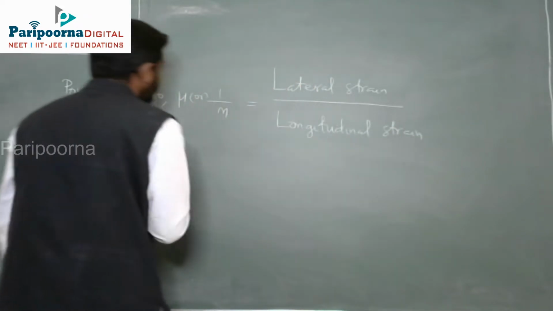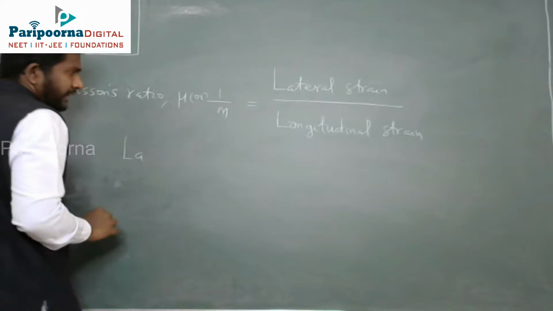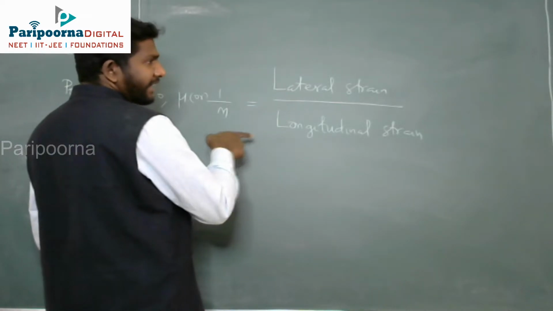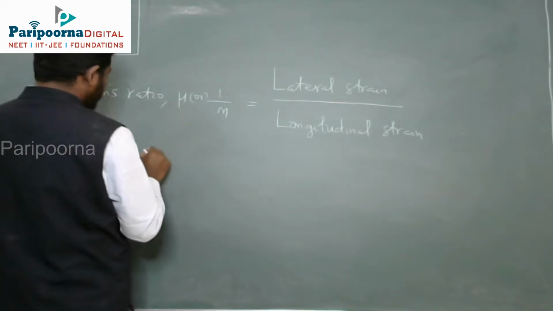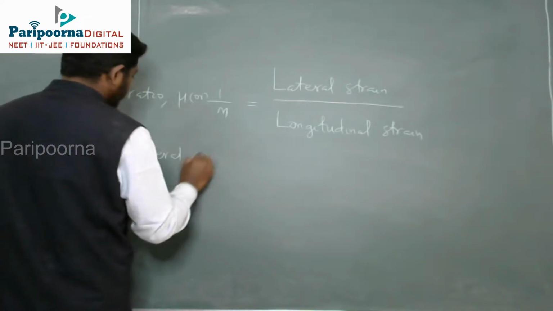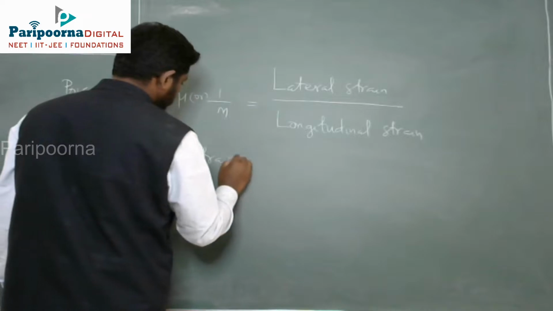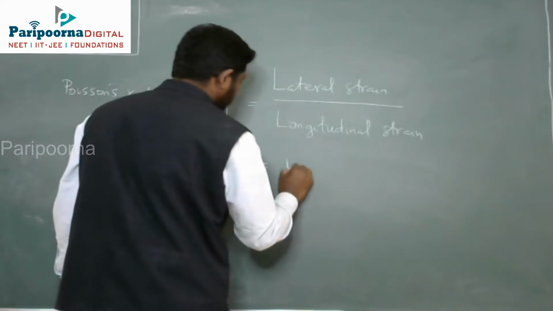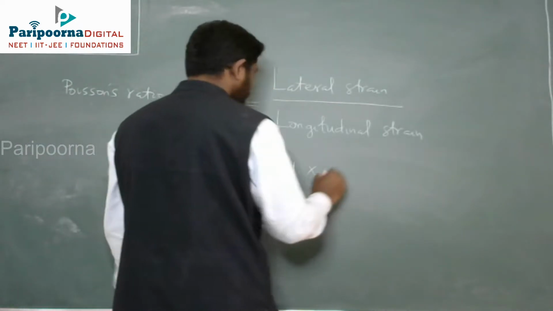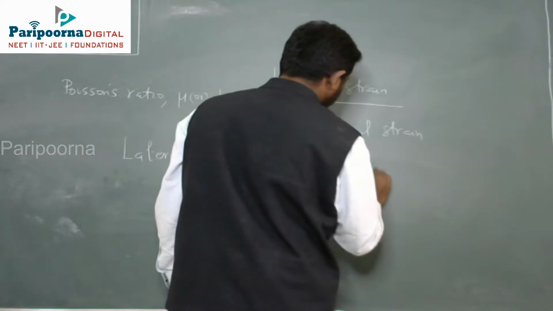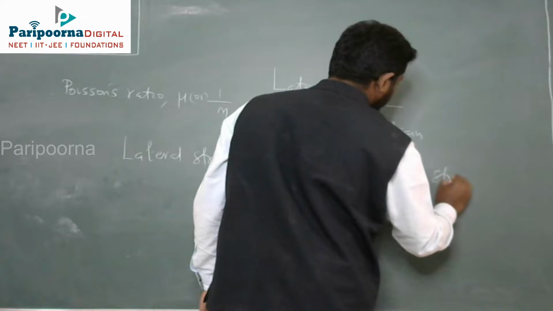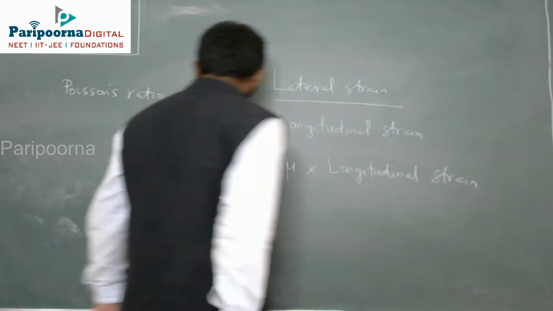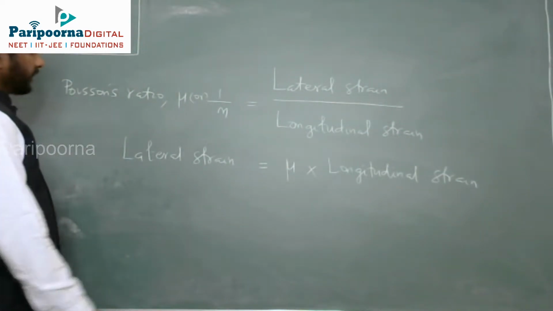From this equation, calculation of longitudinal strain, or direct strain, linear strain is easy. Lateral strain you can calculate through this formula: lateral strain is equal to Poisson's ratio, the product of Poisson's ratio and longitudinal strain. This is how you can calculate lateral strain.